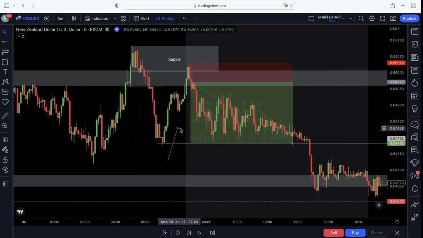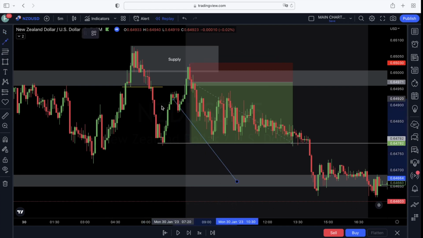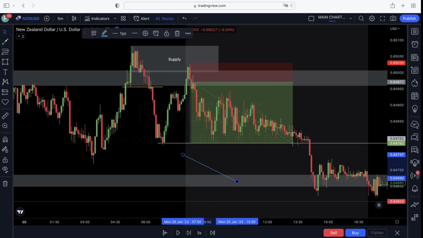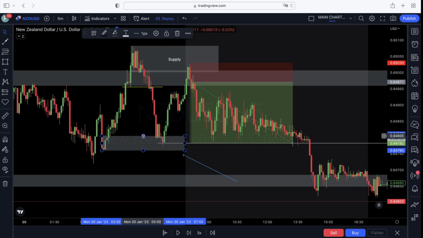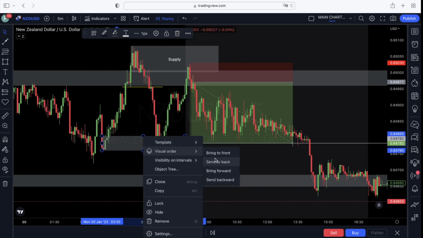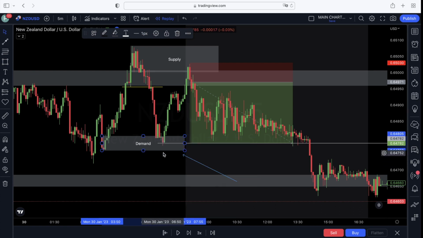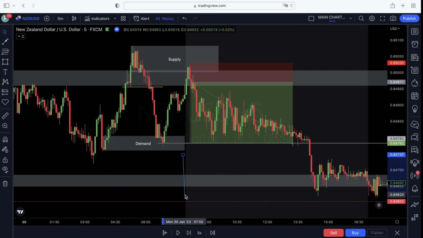All right, so look, let me show you how this same area here also showed a demand right here, clearly, right there. This is demand. Let's mark it up, and let me show you how it's demand. You can have a supply and demand zone forming together right there.